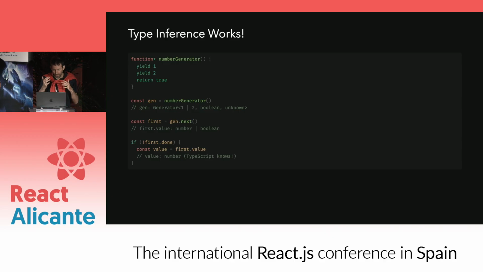But that also means that TypeScript can leverage control flow analysis to narrow the type based on whether the generator iterator is done or not. We can see that it knows value is a number, because if it's not done, it means that the generator is yielding values, so the type we are yielding is number and not Boolean.